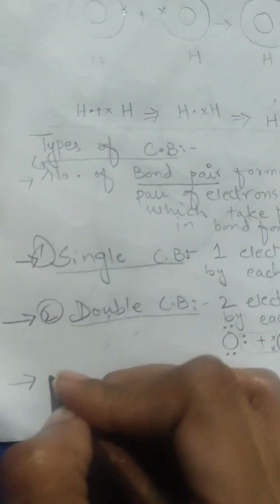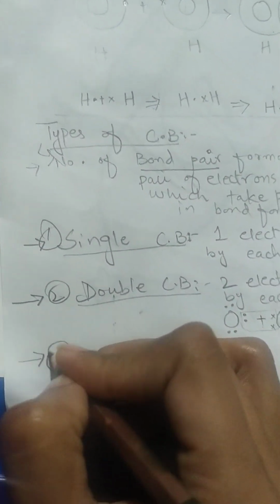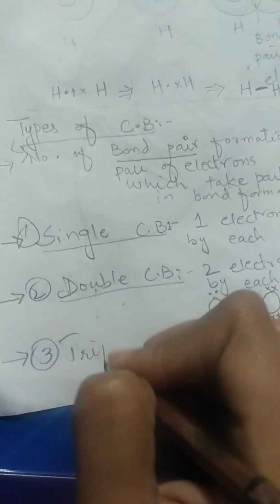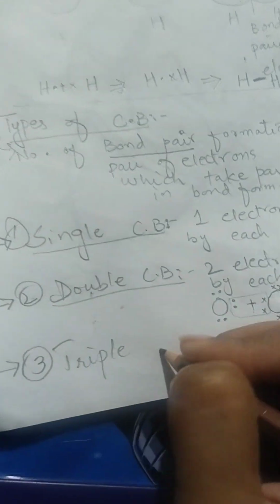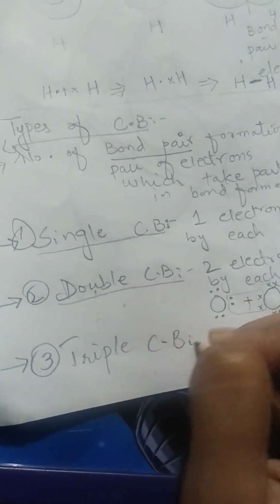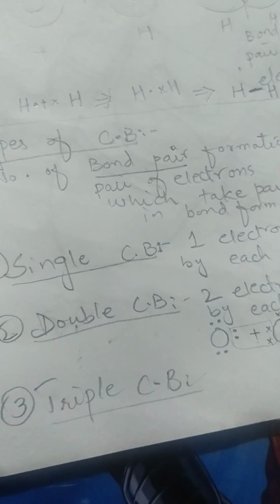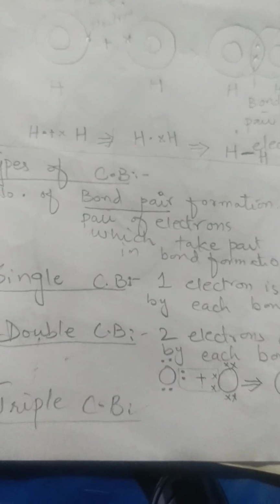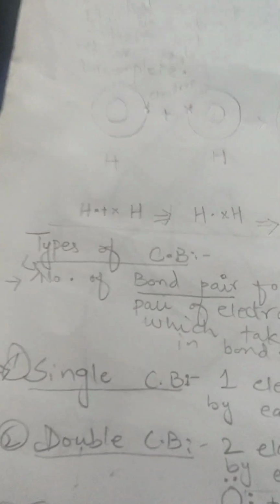Now the third type is triple covalent bond. As we discussed earlier, covalent bond is formed by contribution of electrons or mutual sharing of electrons.